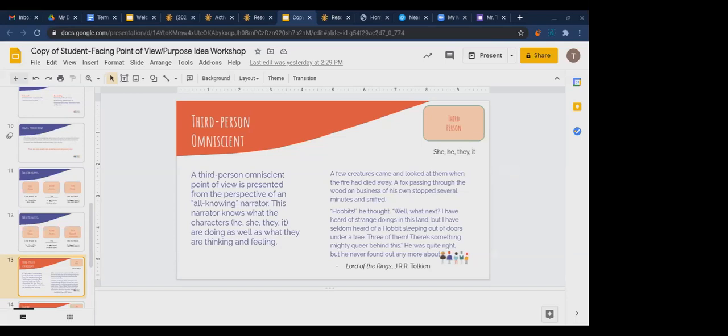If we know what happens to the fox after that, we know how he feels, that the fox is right. What do we think? Yes, no? Can we say that's what clues us in that it's third person omniscient? Somebody we haven't heard from yet this morning, or anybody else?